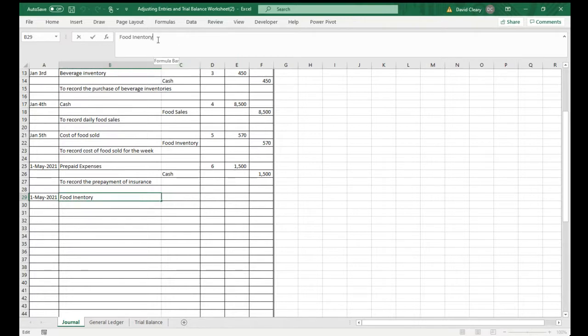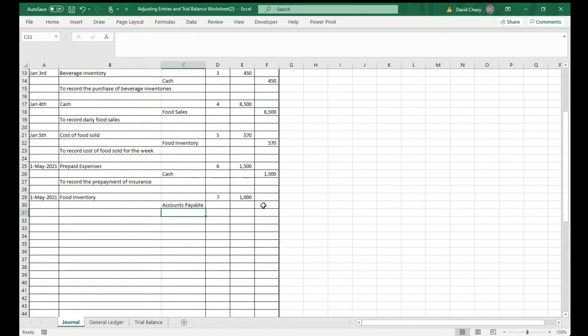Spelled inventory wrong. Inventory. Perfect. Reference number 7, just because we're continuing from the previous. We bought $1,000 worth of food inventory, and it was on accounts payable. It was on credit, I should say.